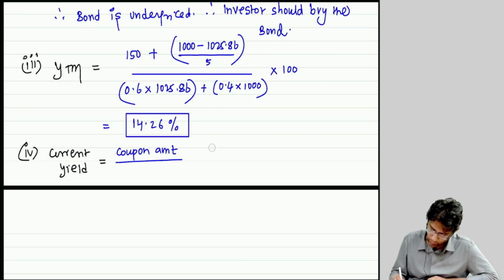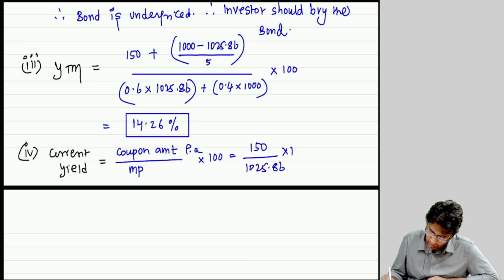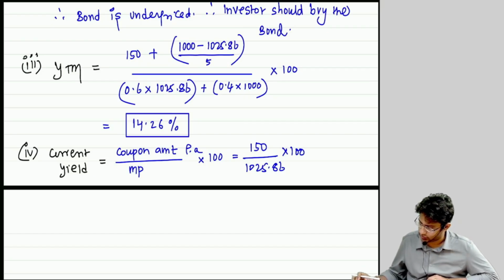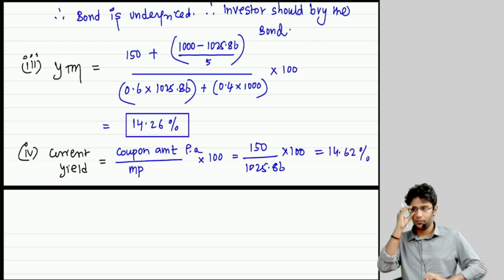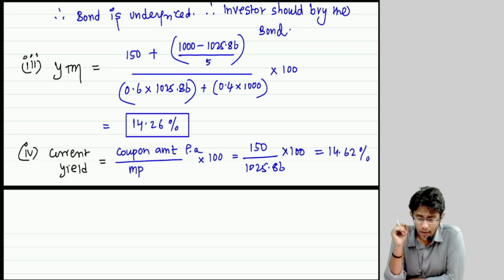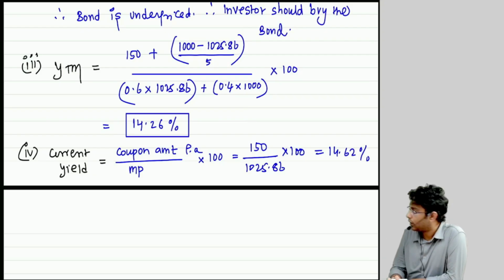We'll simply write coupon amount per annum divided by market price of the bond into 100. Coupon amount is 150 divided by 1025.86 into 100. Sort out this. It is 14.62%. This is your current yield formula.